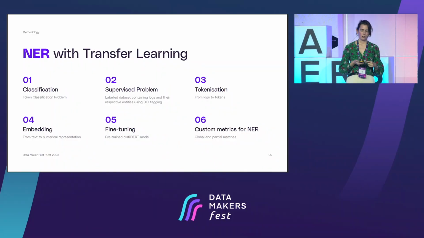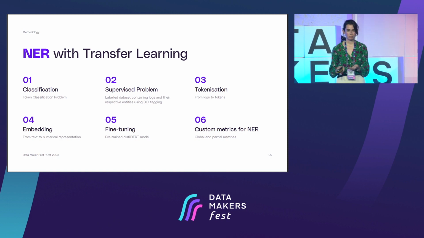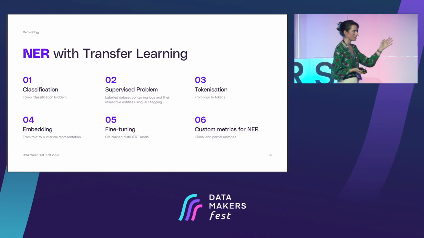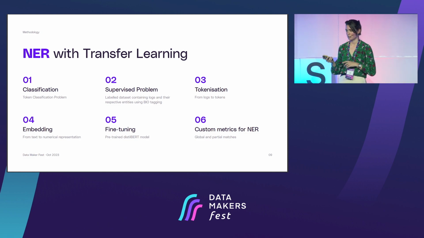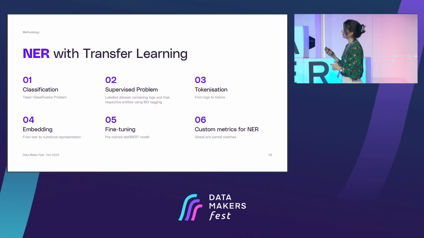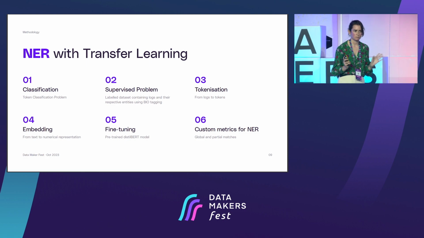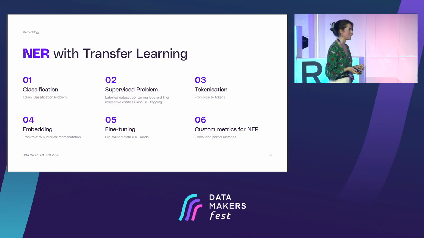Not only labeled, we'll need logs, entities, but also to perform beginning-inside-outside tagging, as with most NER models. We know we are going to do tokenization, as we always do in NLP, and we know this can also be a problem because usually tokenization is done on vocabularies that are not optimized for logs, right? So that can also be a difficulty.